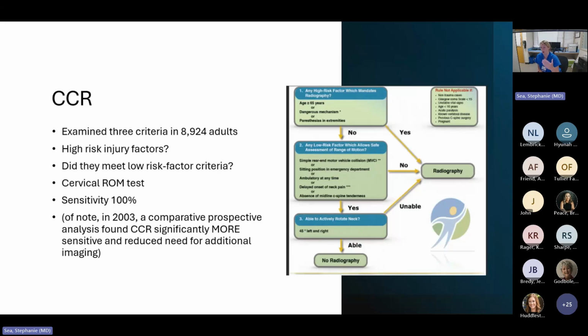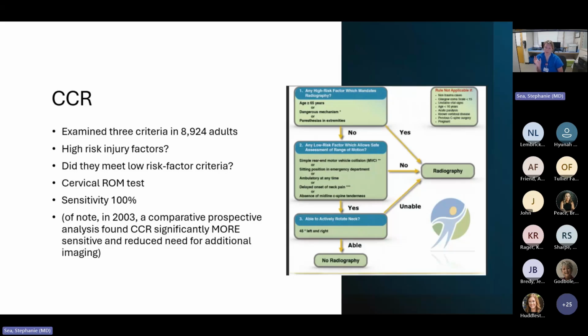And again, if those were all negative, then you would ask them to actually rotate their neck left and right. And if they were able to do that, then they were clinically cleared. If at any point in this the situation broke down and there was a positive symptom, then they would go to radiography. So these were a lot more stringent, but they actually had a sensitivity of 100%.